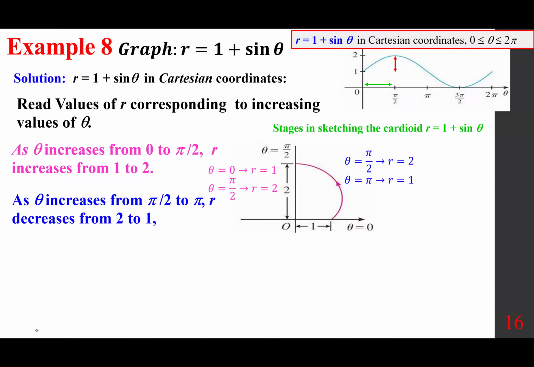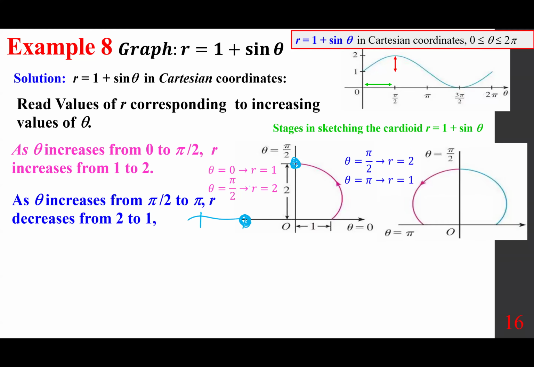When theta is pi over 2, again, you can plug it in here. Sine of pi over 2 is 1, and 1 plus 1 is 2. But when it becomes pi, this goes to 0, so it's 1. In other words, at pi over 2, we are here. At pi, we are here. So it moves like that.